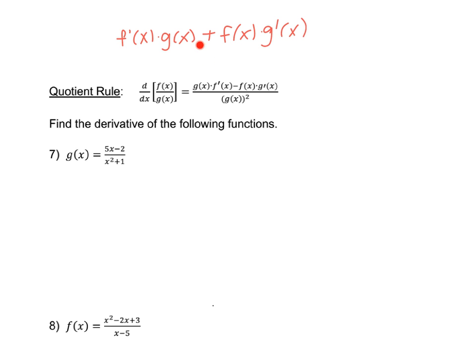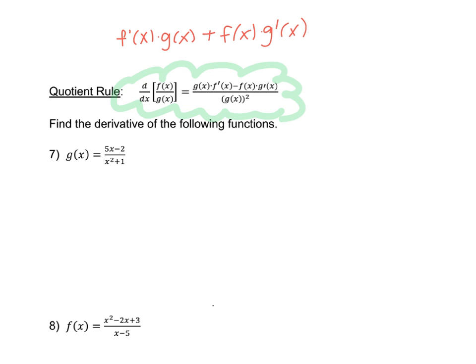Because it was addition, the order that you did this didn't matter, but with the quotient rule, there's a subtraction in there, so order definitely matters. So this formula is definitely going to be one that you are going to refer back to as you're working through the homework problems on Delta Math, just to remind yourself of what order things go in.